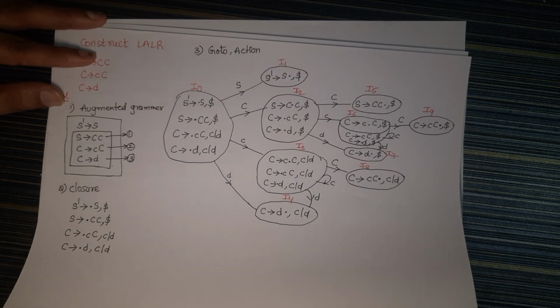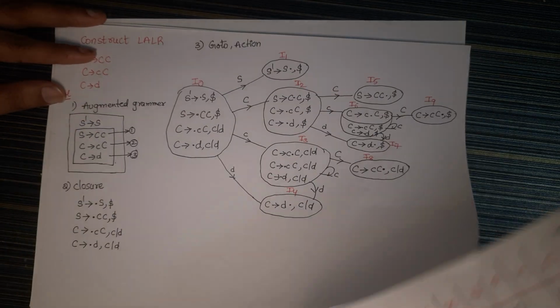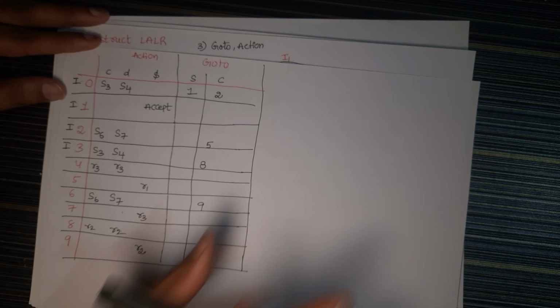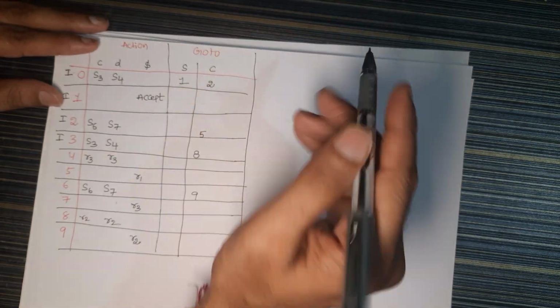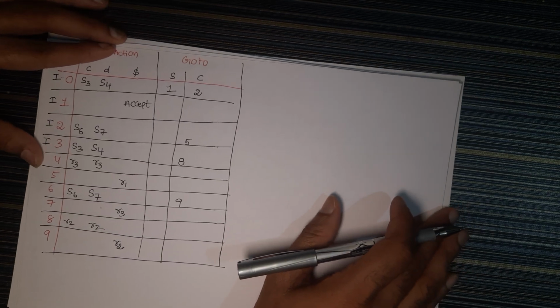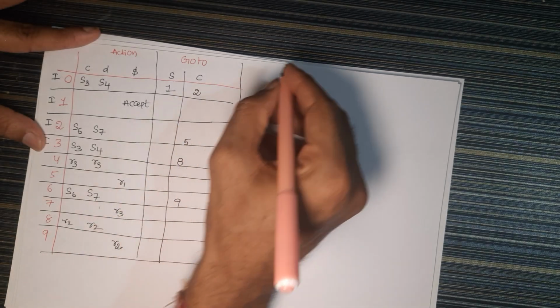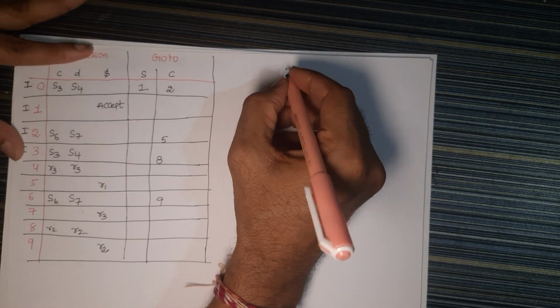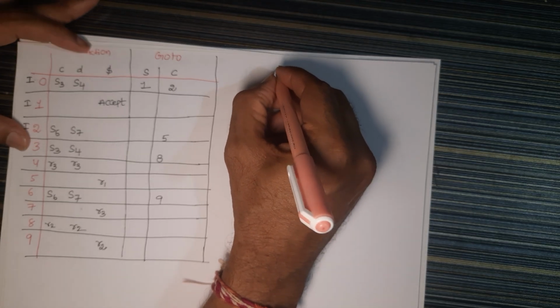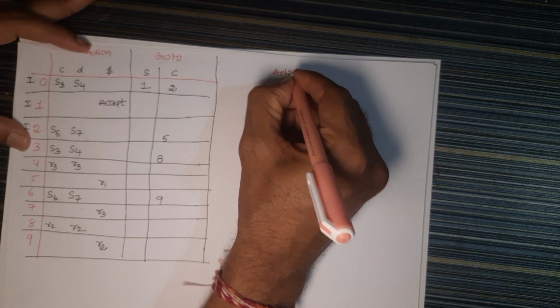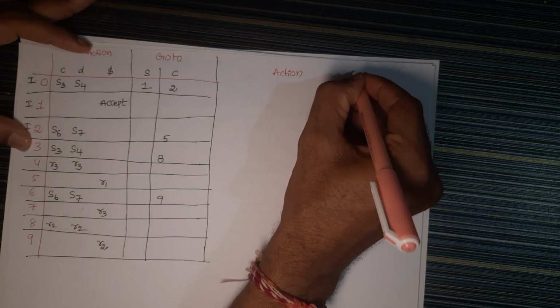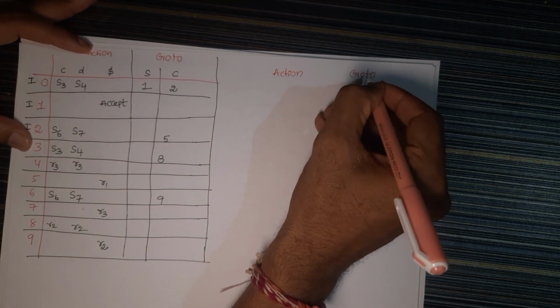So in the table, what we are going to do is write the same table again, since we are merging. First one is action move, as well as a goto. So first one is action, second one is goto.